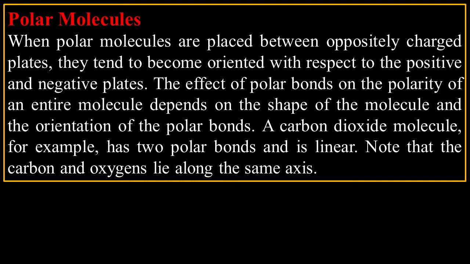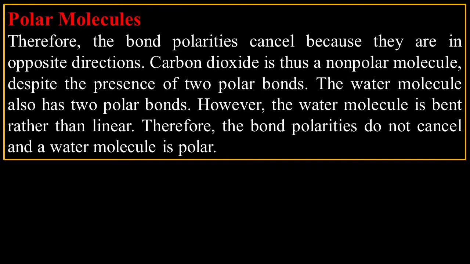Note that the carbon and oxygens lie along the same axis. They're all linear, so they're all along the same axis. Therefore, the bond polarities cancel because they are in opposite directions. Carbon dioxide is thus a nonpolar molecule despite the presence of two polar bonds.